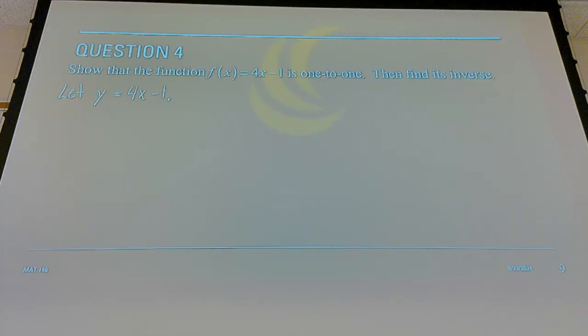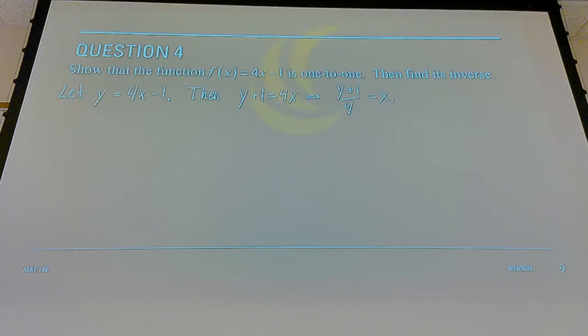So solve for it. Add 1. Divide by 4. So given that specific output, that's how you would find the input.